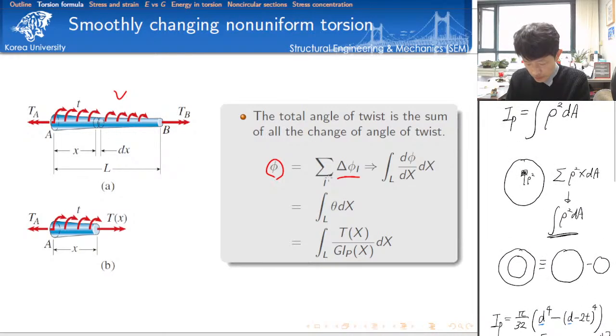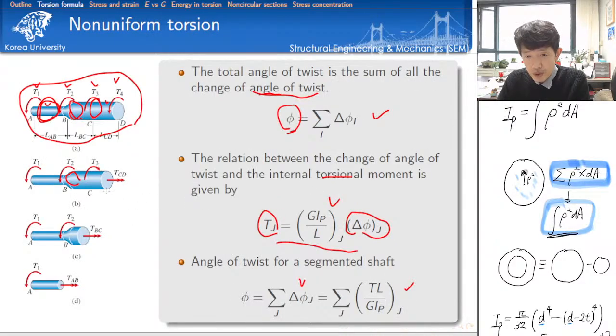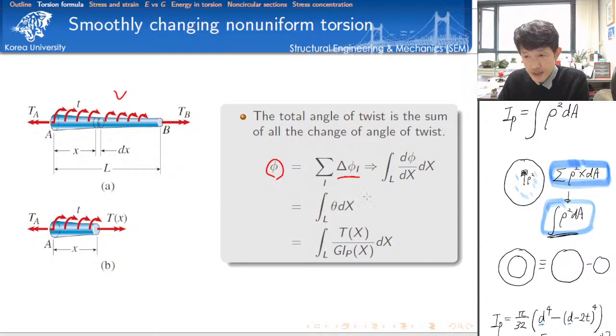Look at this. I told you that summation can be generalized to integration. If you consider very small segments, instead of talking about finite segments, if you consider infinitely small segments, then the summation is generalized to the integration, for all lengths.